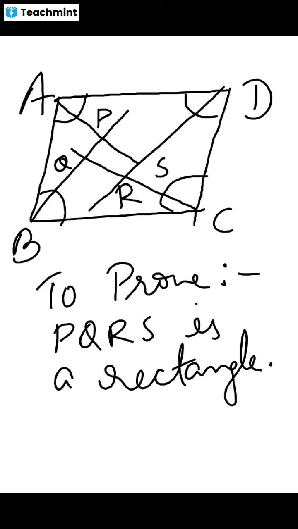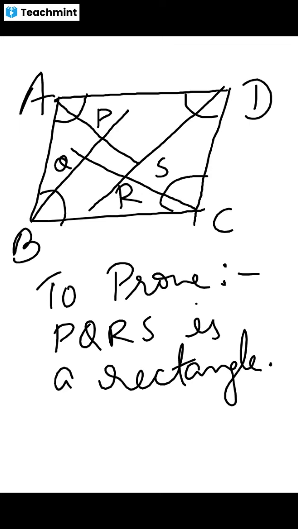We can prove that it is a parallelogram, obviously, and second, if it is proved that it is a parallelogram, then we have to prove that at least one of the angles is 90 degrees. If we have shown one, that means all four will automatically follow, because from the property of a parallelogram, if one angle is 90 degrees, its opposite will also be 90 degrees, and its adjacent will also be 90 degrees, because 180 minus 90 equals 90, and its opposite will again be 90. So all of them will be 90. So in this question we have to do like this.